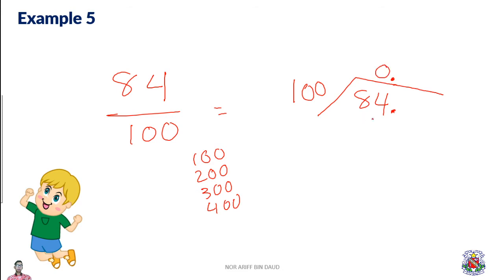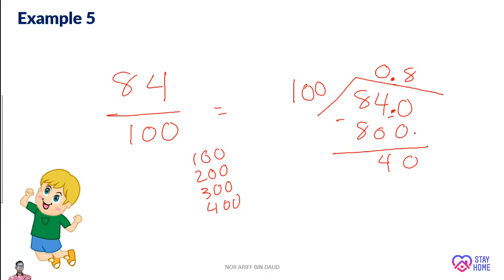And then you put 0. So the number already becomes 840. We can use 800, so you may put 8 here. Then you subtract here: 0, 4 minus 0 is 4, becomes 40.